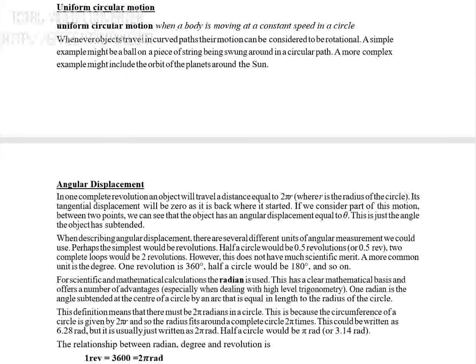The other thing is uniform circular motion. From the name, uniform circular motion is a motion at constant speed in a circle. This circle indicates the speed. It's not only the speed that is constant.